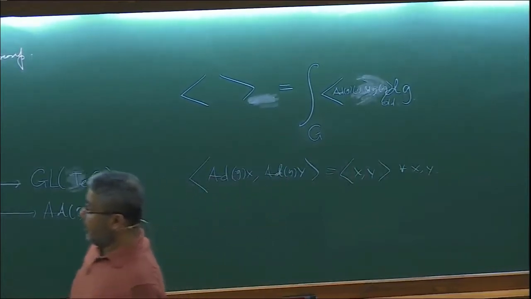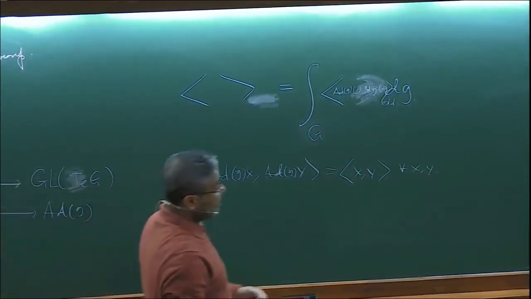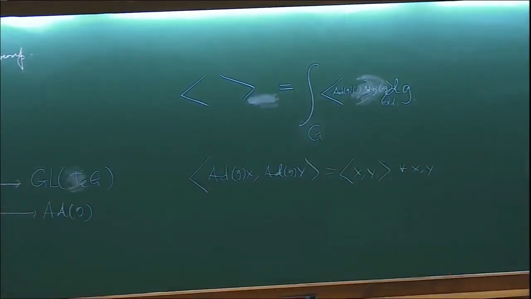Okay, now what I do is I translate the inner product to every other tangent space because I'm in a Lie group and I have the left translation.